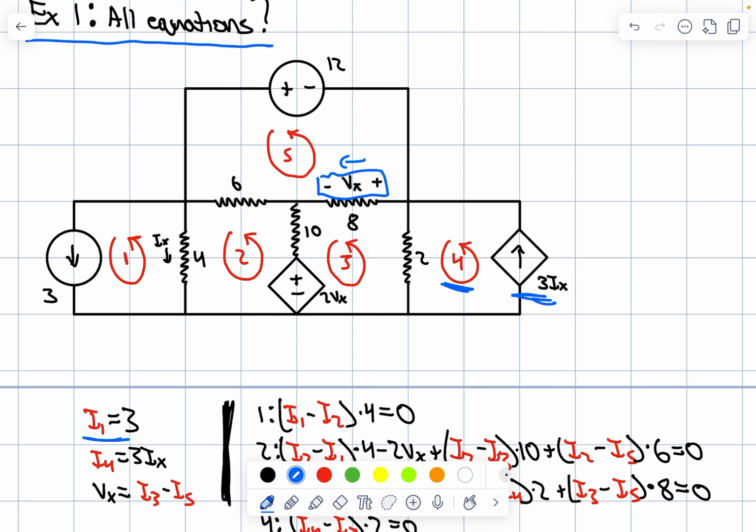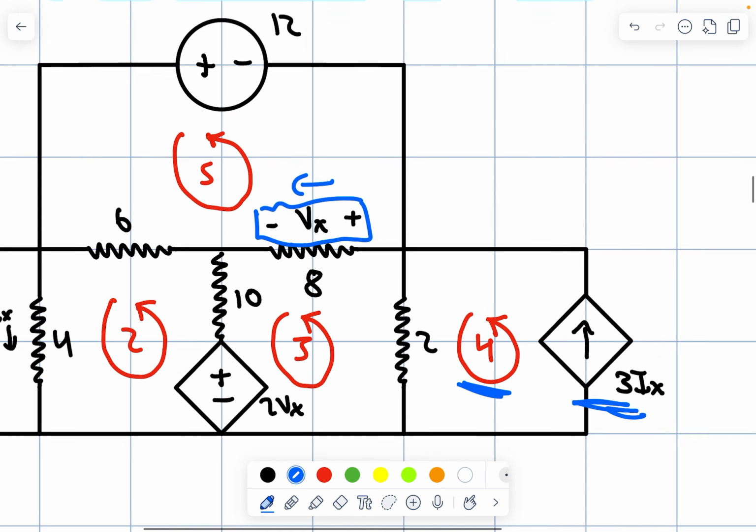So going in this direction, we have I3 flowing in that direction, right here. And then in this direction, we have I5, right here.